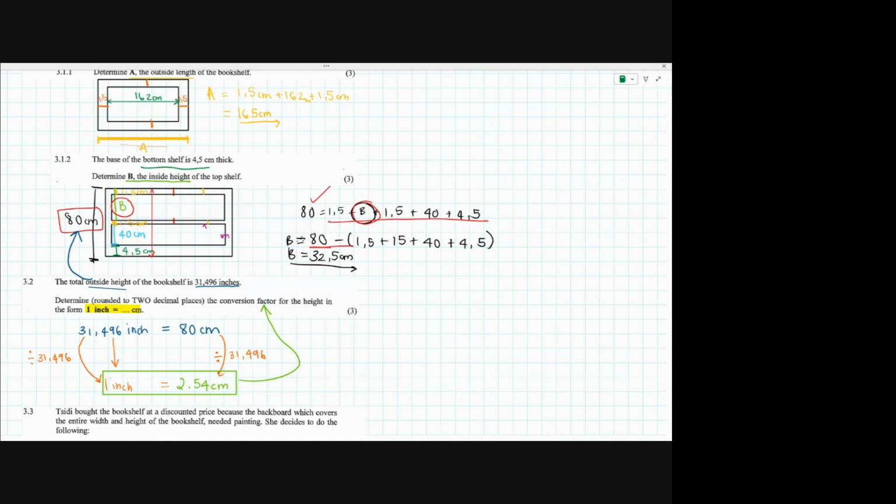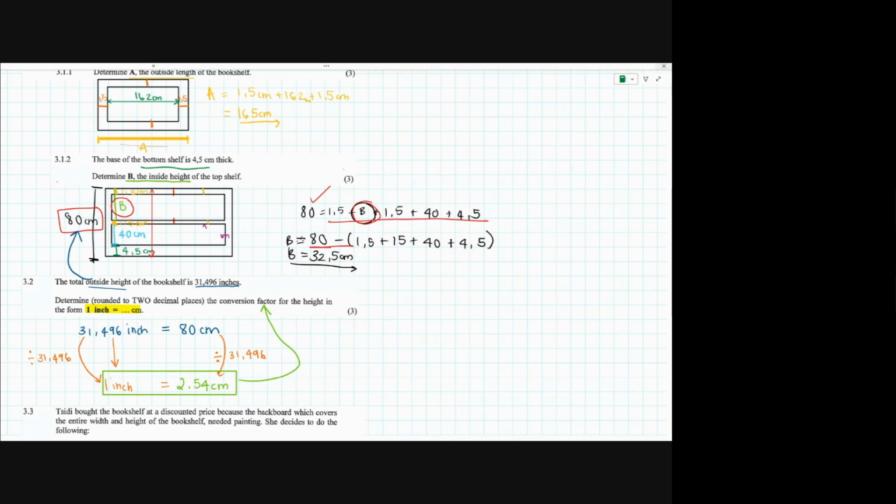Ma'am, so can't we put the conversion factor, and go from 1 inch, divide by 31,496 and then times that by 80 to get the 2.54 centimeters? Will it work or no?